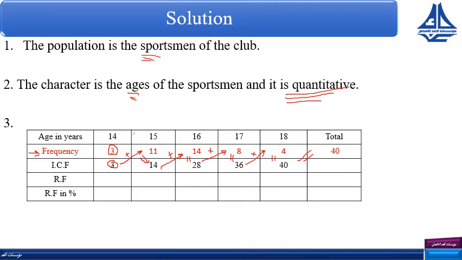The trick here, guys, is to interchange the rows. Frequency first, then ICF. Here is the first number, and we start: 3 plus which number equals 14, 14 plus which number equals 28, 28 plus which number equals 36. These are the values of frequency. The total frequency should be the same as the total ICF.